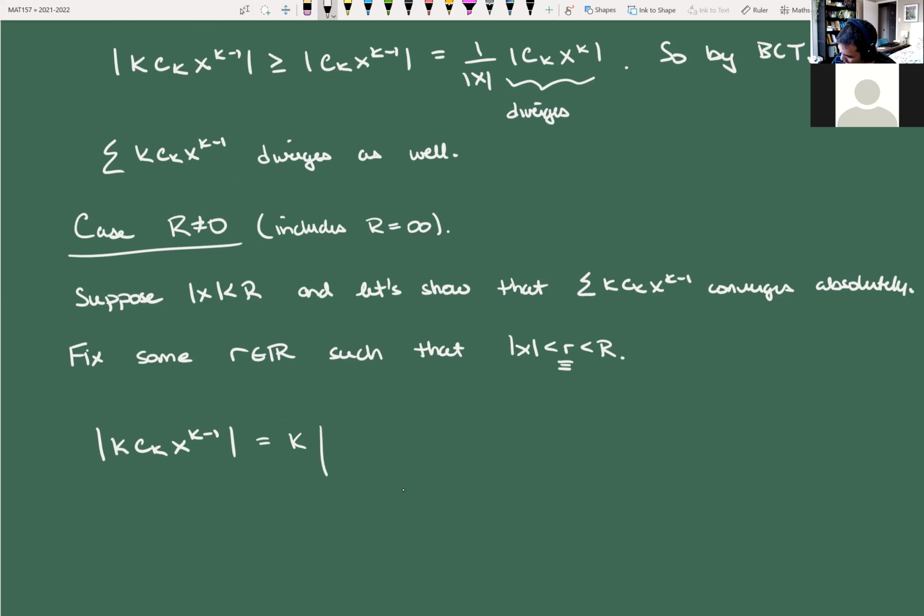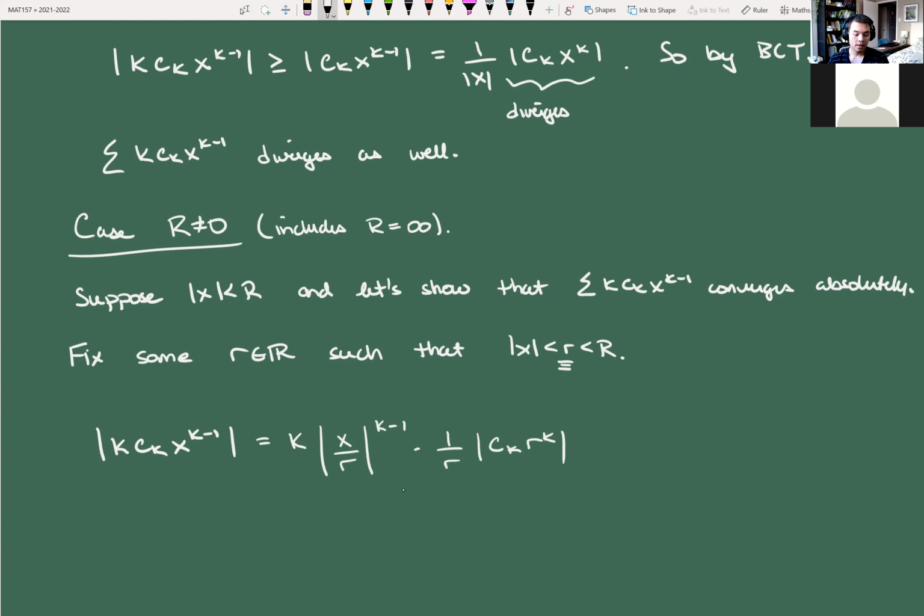So this is going to be k. What do I want here again? Right. So x over r to the, do I want k or k minus 1? Okay, my notes say k minus 1 times 1 over r times c_k r^k like that.